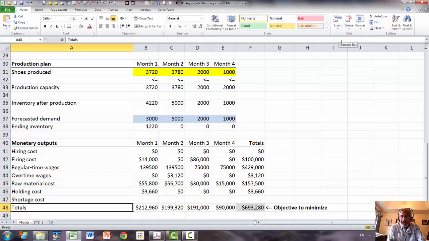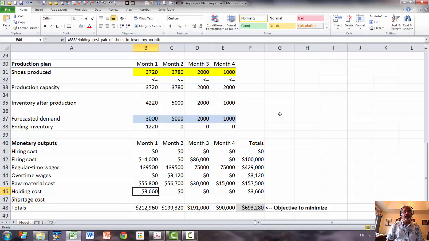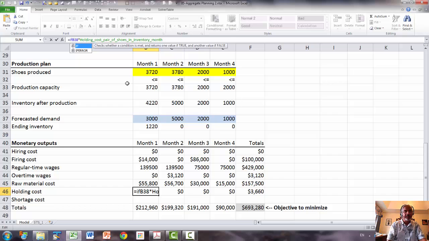Now the holding cost will be applicable only if the ending inventory is greater than 0. Otherwise it will not be there. So we have to change this formula: first we have to see whether B38 is greater than 0.